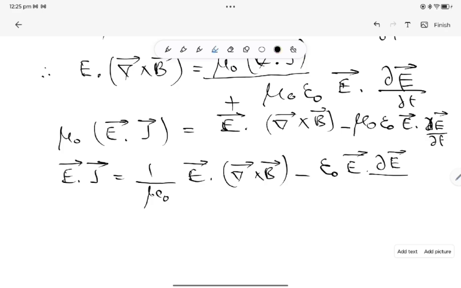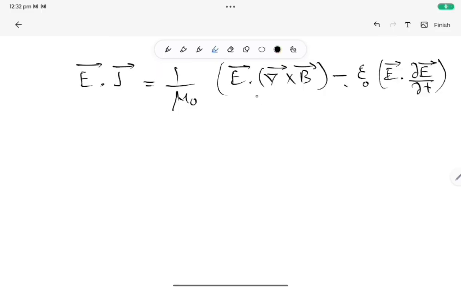Now we have this first term on the right hand side. We will find its value in terms of the product rule that I mentioned at the beginning of this lecture.